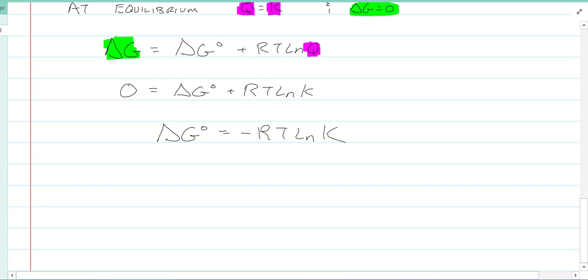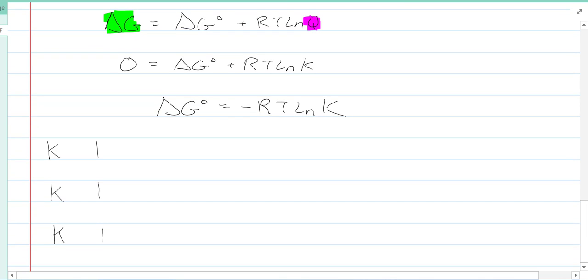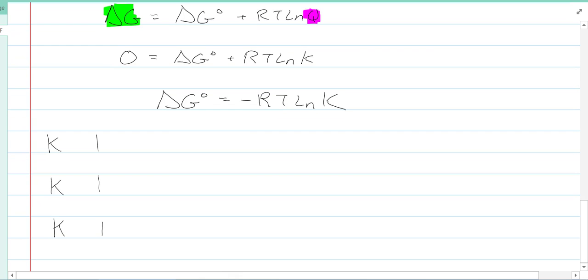They're opposite signs. We know K can be, we compare it to 1. So K can either be bigger than 1, which means it's product favored, which means delta G standard will be negative, and we will be spontaneous.